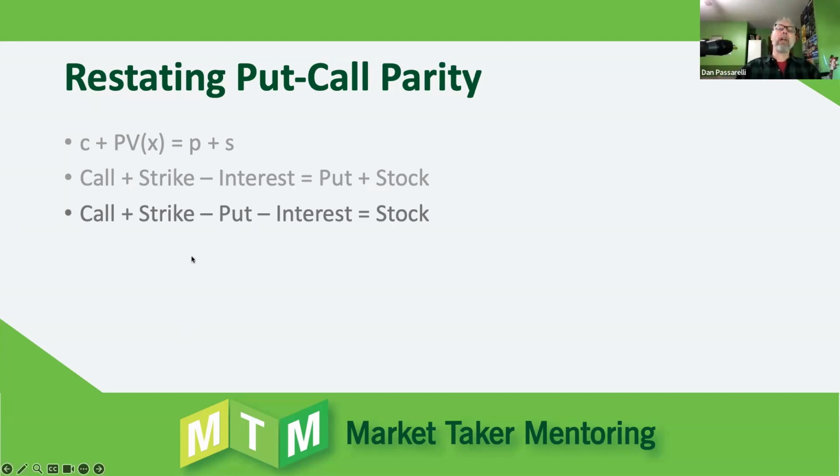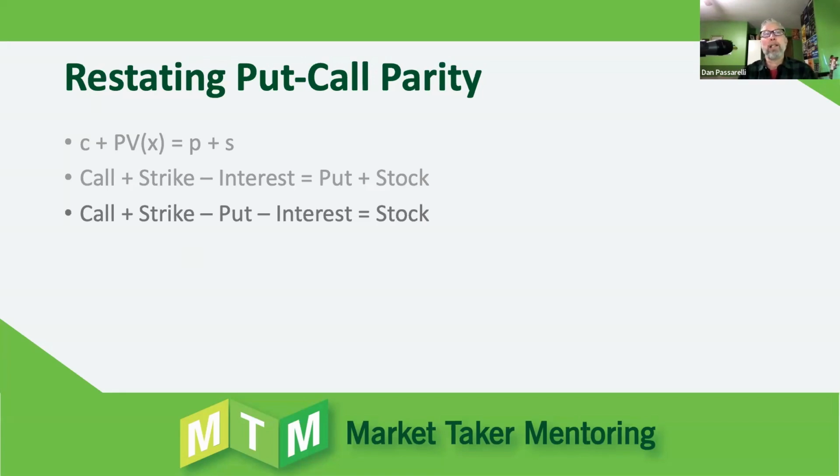Well, if it's the 100 strike, what happens if the stock is above 100 at expiration? Well, you exercise the call and the put expires. Okay, so how much do you pay for the stock? Well, you exercise the call to buy it at 100, but you paid 10 cents for the call minus the put. So you're actually paying $100.10.